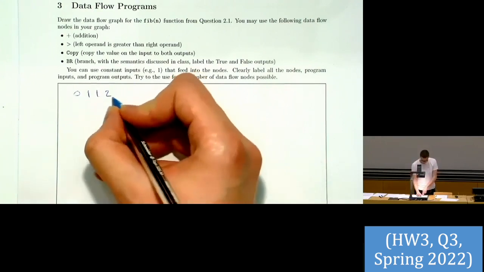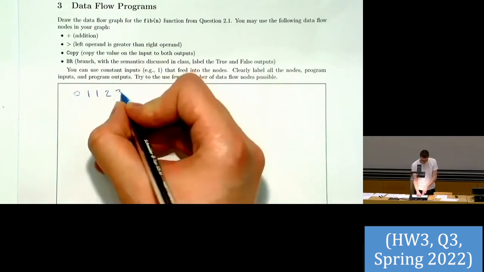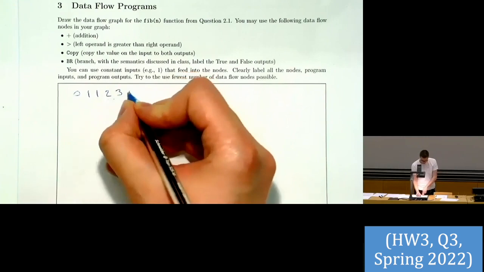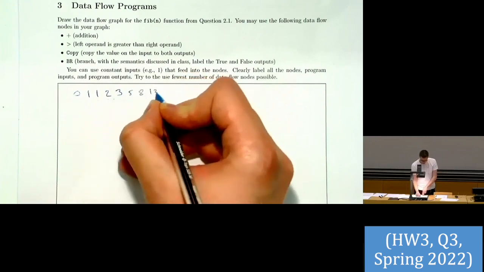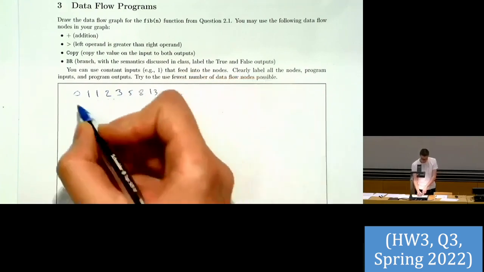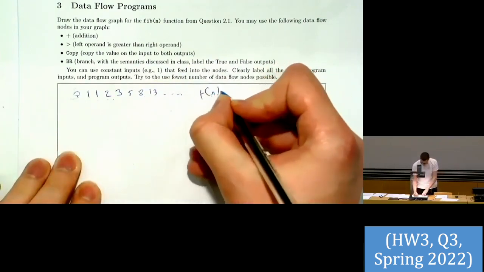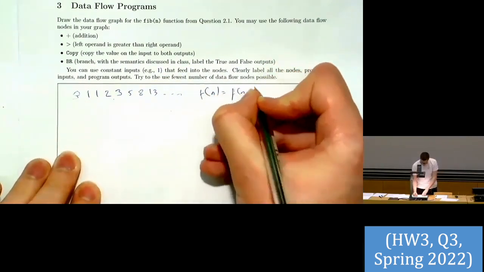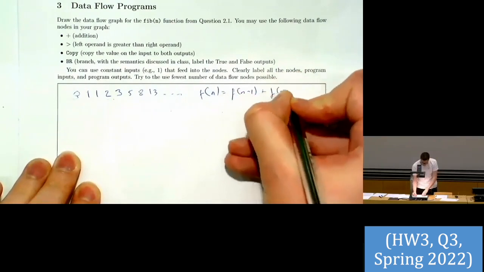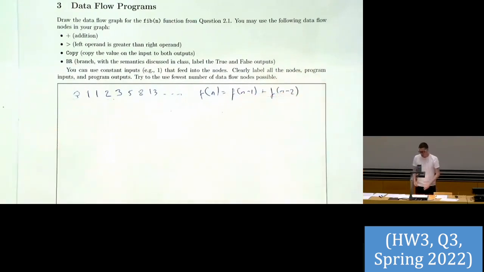So the next number is 1 plus 2, and the next number is 2 plus 3, and then 8, then 13, and it goes like this. F0 is 0, and F1 is 1. This is by definition. And the rest is Fn = Fn-1 + Fn-2. You can implement this in a recursive manner, but it is more difficult in data flow.